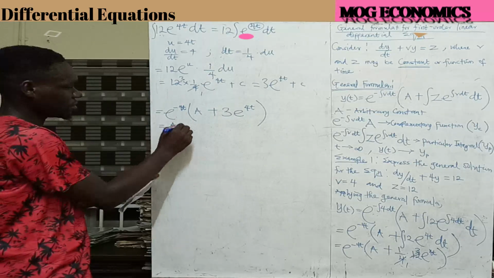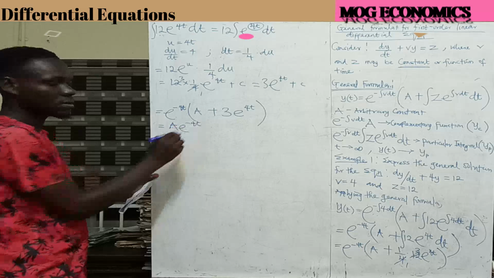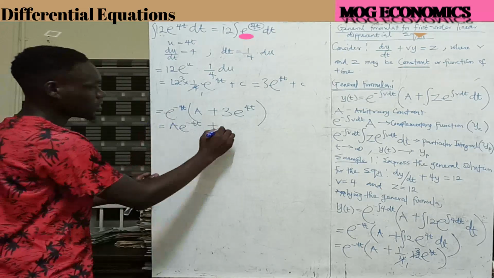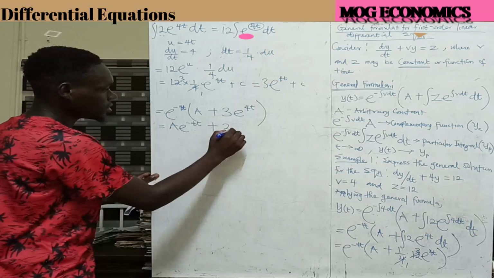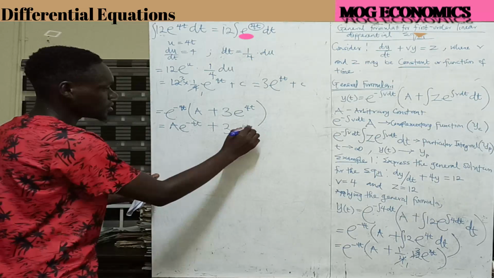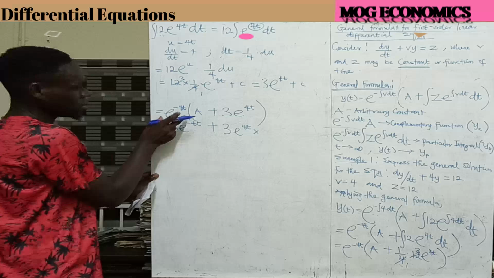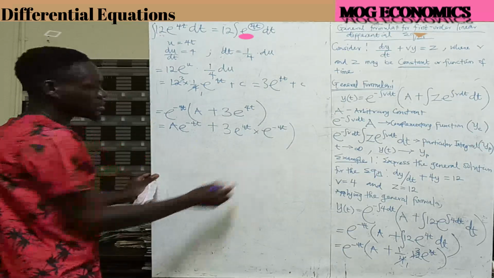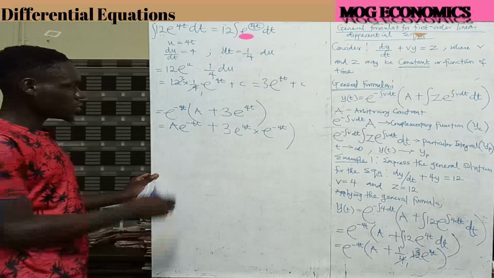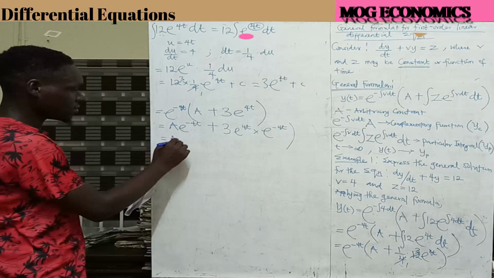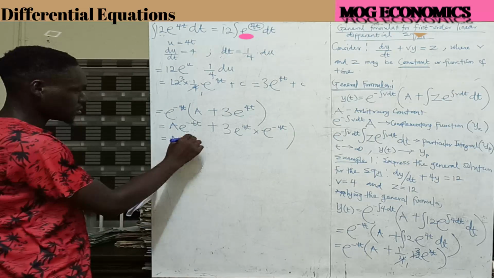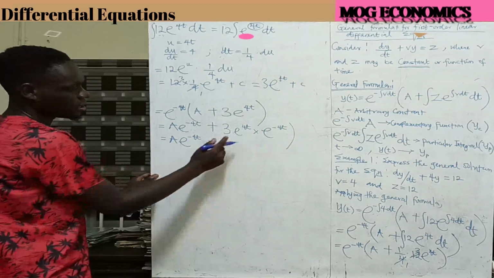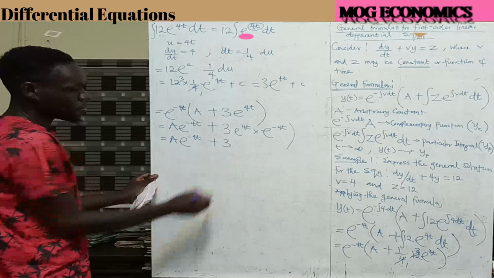So we have n plus, so from here this becomes 3 multiplied by, so here we have, now from here this becomes 3.